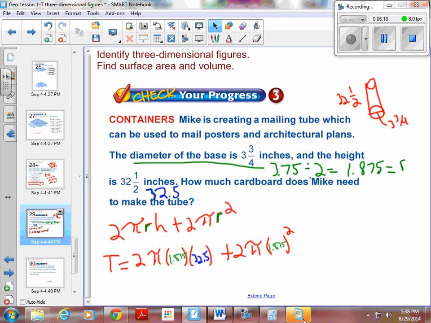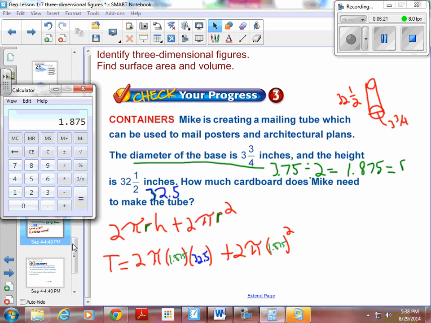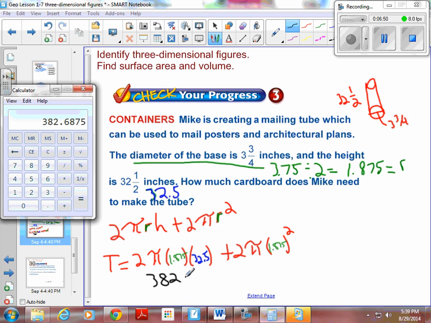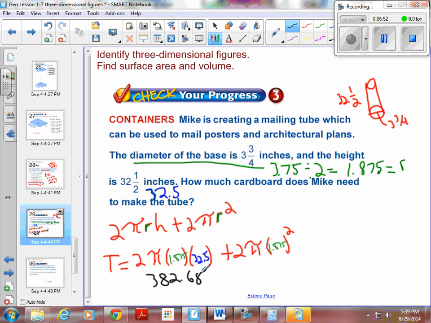And from there, we're ready to grab our calculator. So 2 times pi, approximation for pi, 3.14, times 1.875, times 32.5 is equal to 382.6875.